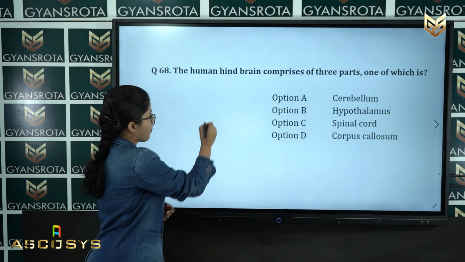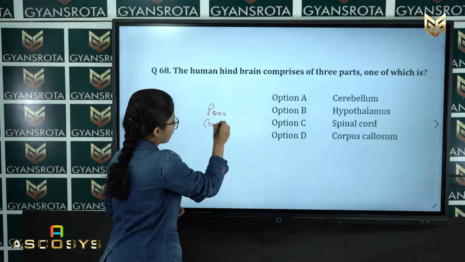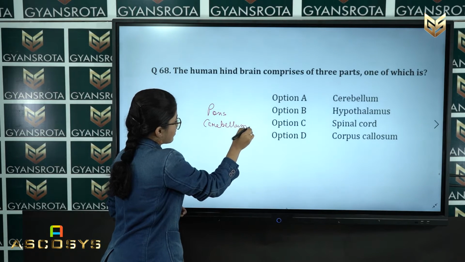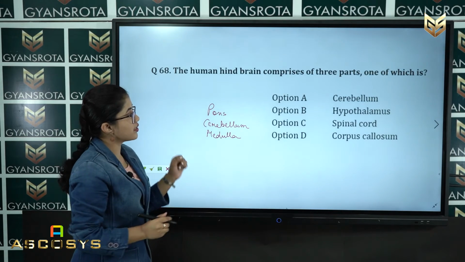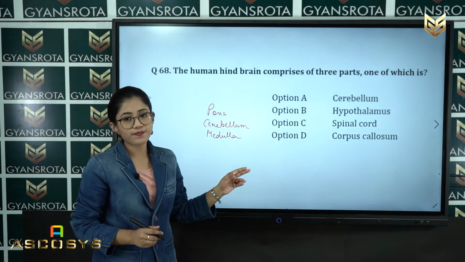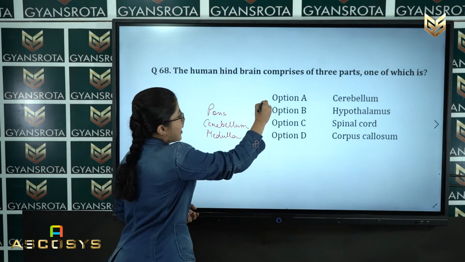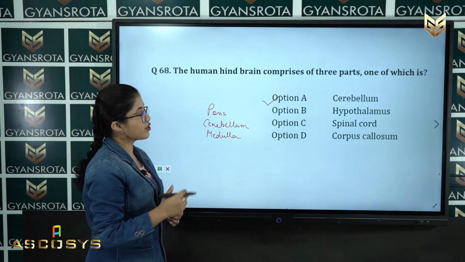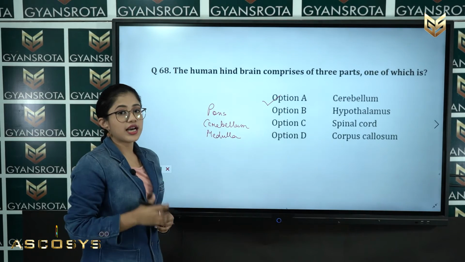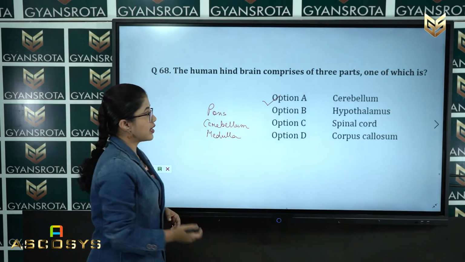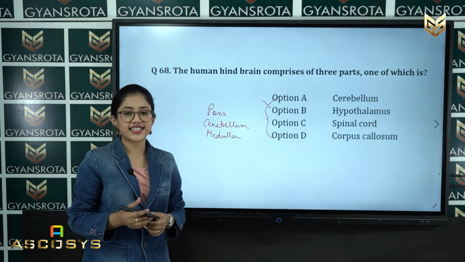That is pons, then cerebellum and medulla. So, out of these 3 parts, what is written in this option? That is option number A is cerebellum, which means option number A is the correct answer. Whereas hypothalamus, spinal cord, and corpus callosum are not the parts of hindbrain. So, option number A is the correct answer.